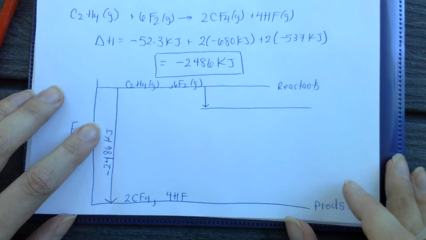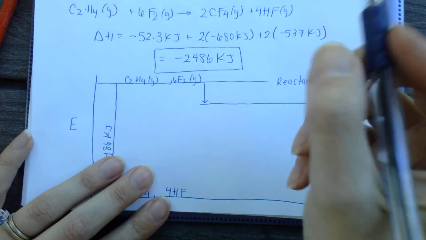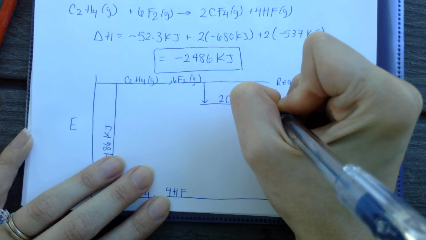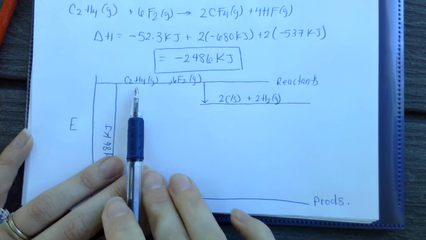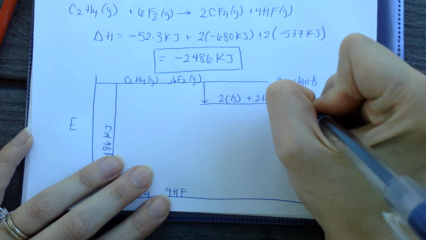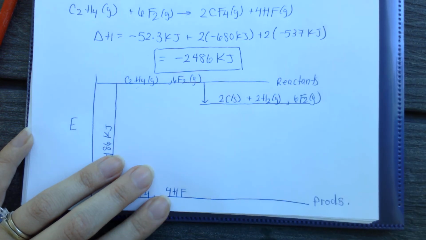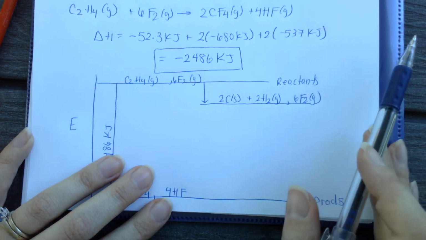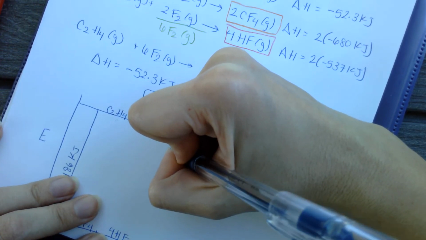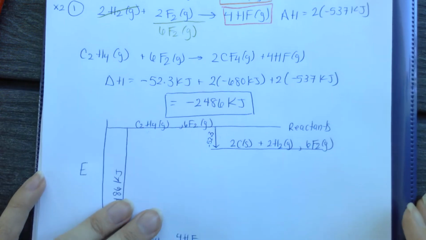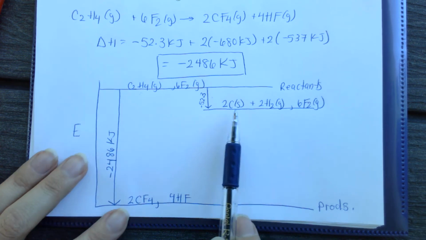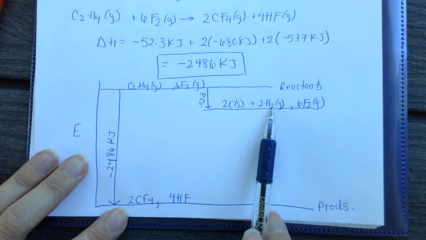So the result of reaction 3 is now we have 2 carbon and 2 H2 gas when this essentially decomposed into its elements, and we still have those 6 F2 gases because they haven't reacted yet. And that first enthalpy change we see up here, that was the negative 52.3. So we can put our negative 52.3 right here. So that's one of our first steps that happened here. Okay, so this became this and this.